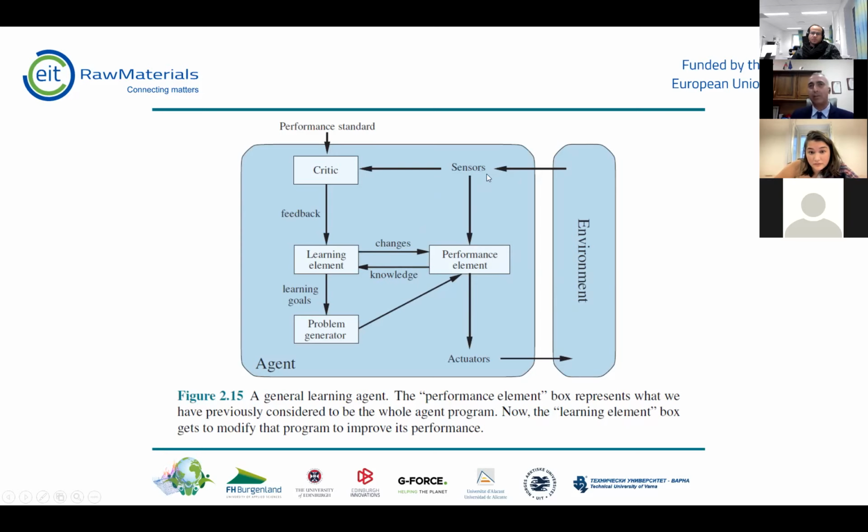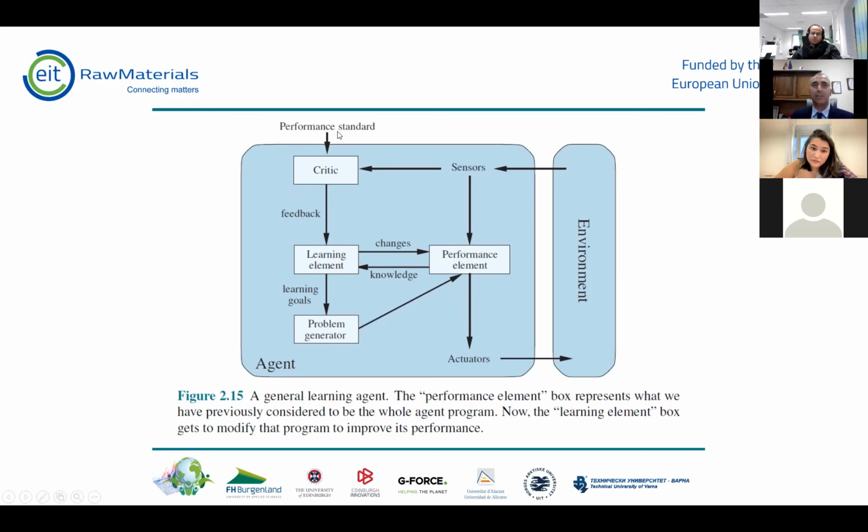Of course, we have the sensors, we have all the functions implemented above, and then we have actuators and implement actions. But then in the new agent, we have a mechanism to receive feedback. How successful is the agent?